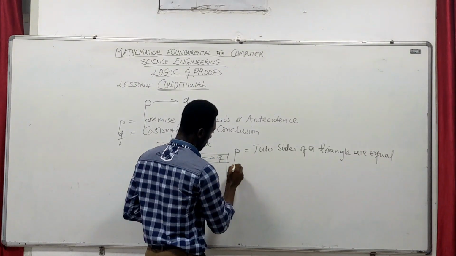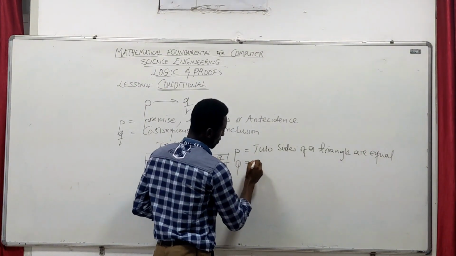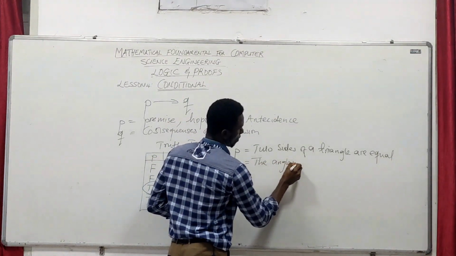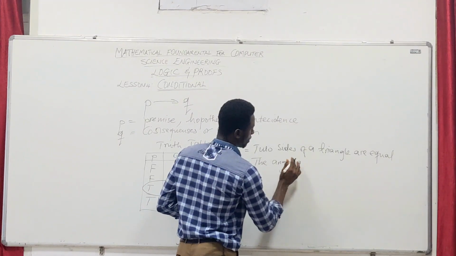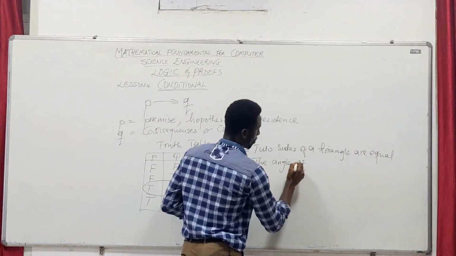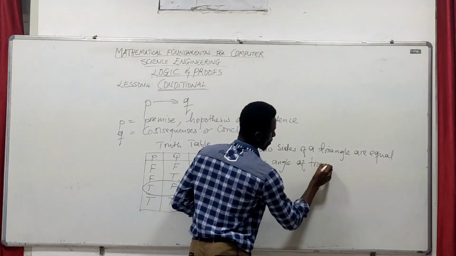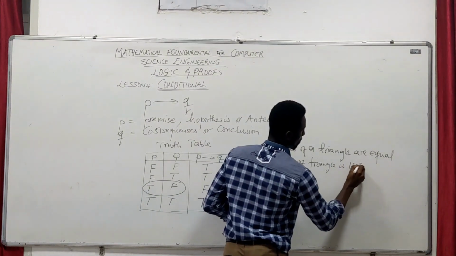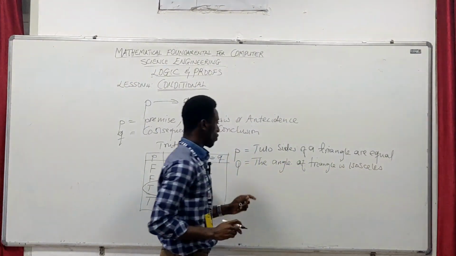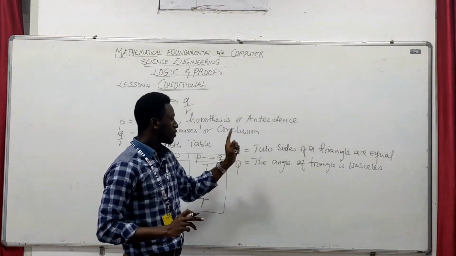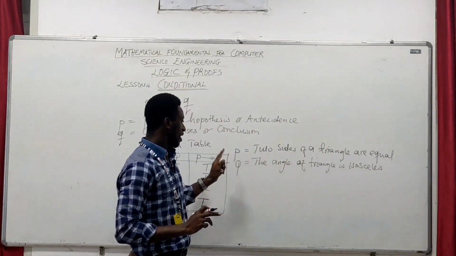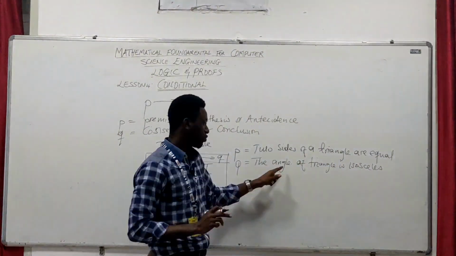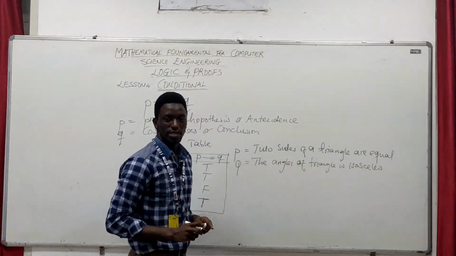And here we say Q, the angles of the triangle is isosceles. So here we have two statements. P, two sides of a triangle are equal. Then Q, the triangle is isosceles.